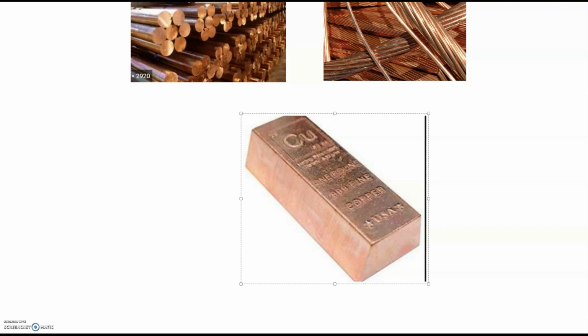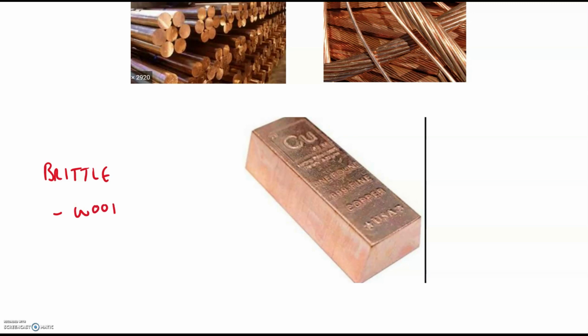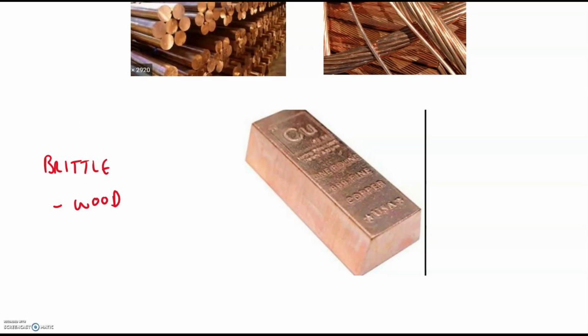We would say they're not necessarily that they're malleable or ductile. We would say that they're rather brittle. They lack this flexibility. They lack this ductility. A good example, wood or glass. These would be good examples of materials that lack flexibility.